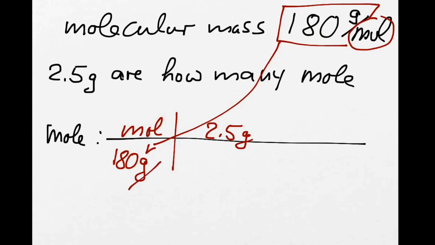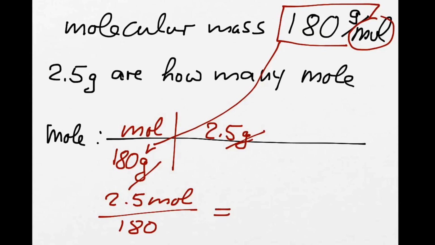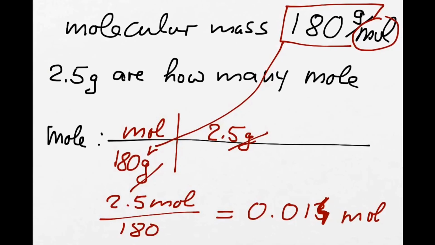Gram and gram cancels out. And what we've got left is 2.5 mole divided by 180. Can somebody do the honors? 0.01314. So we round it to 0.014 mole. Yeah?